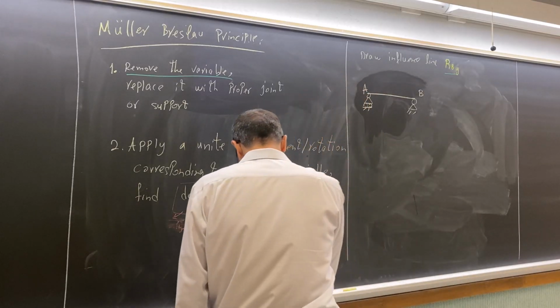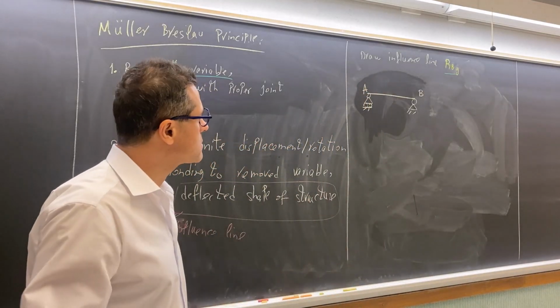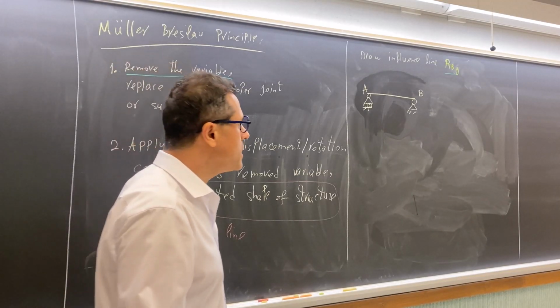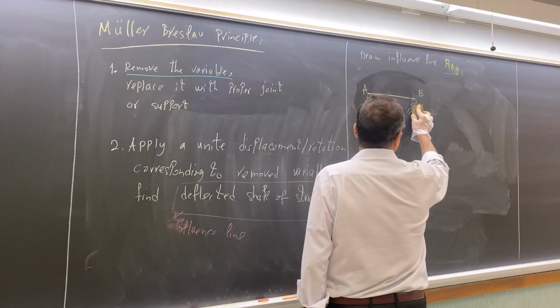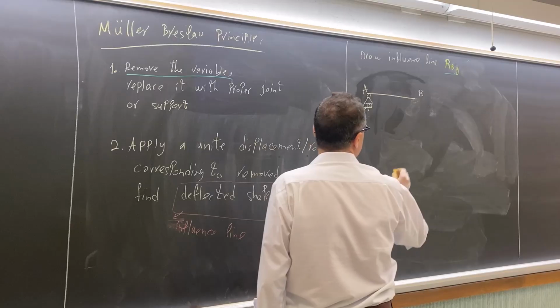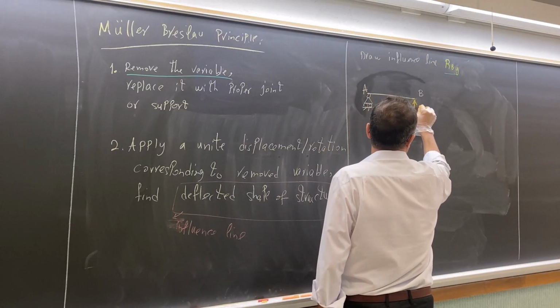Now, we'll repeat the same process. First step, the question is about RBY. To avoid any confusion, first I show you that variable, because this is RBY.